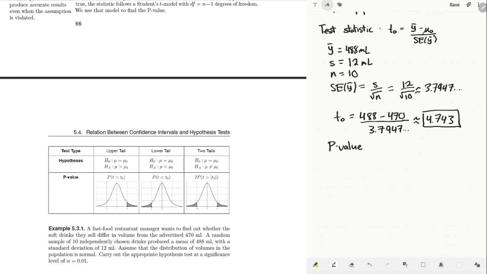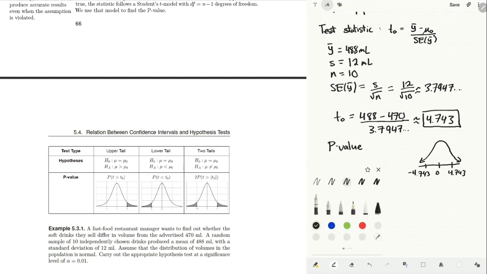Since we're looking at a two-tailed test, then we want the area of both tails. And because of symmetry, we can find the area of one tail and then double that value.